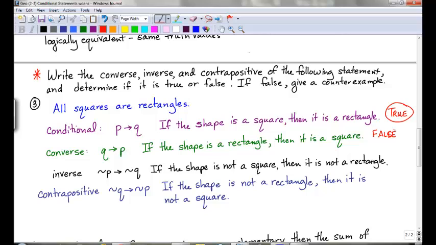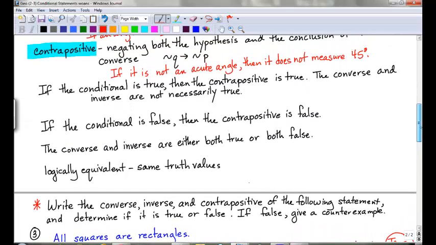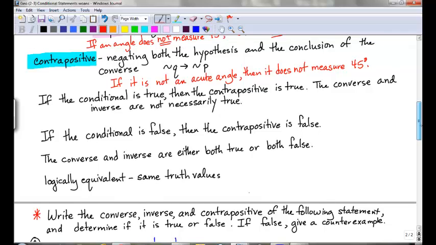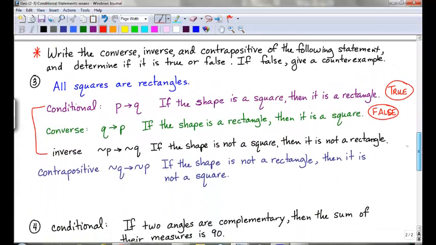Now go back up above a little bit. The conditional and the inverse: did it say anything up above about them? Not necessarily. If the shape is not a square, then it is not a rectangle.